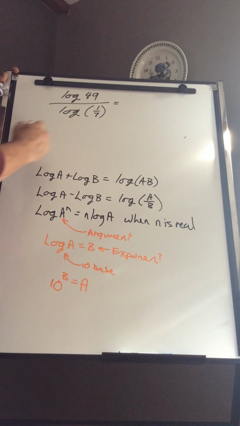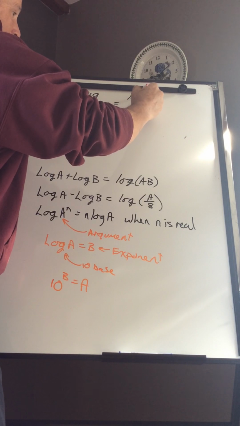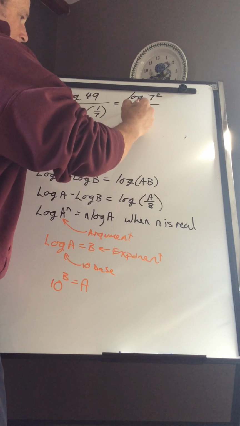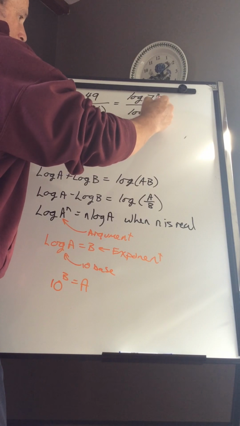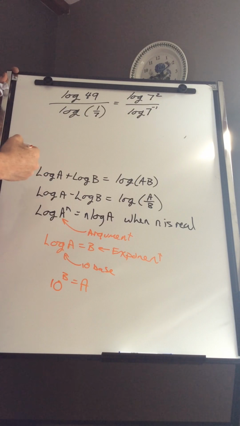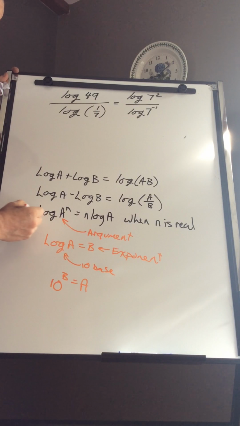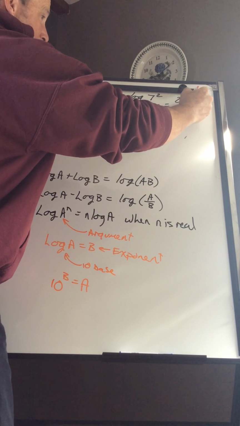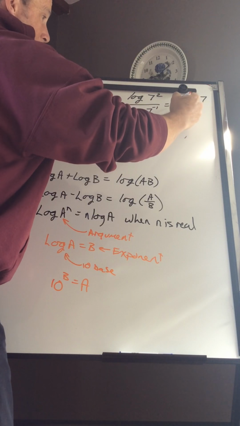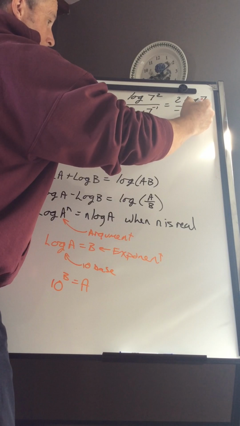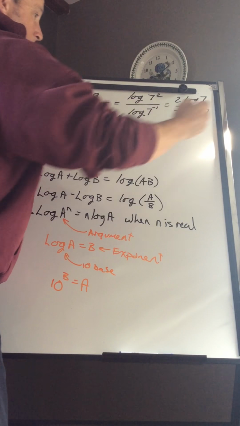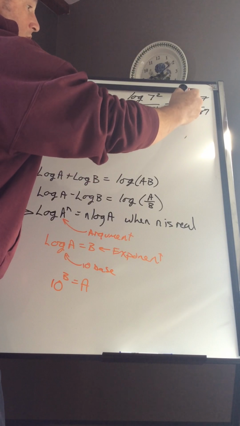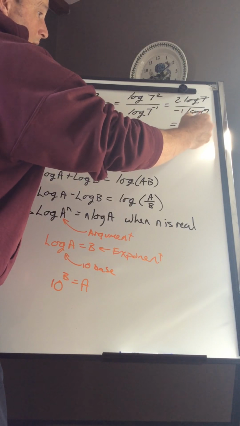I know that 49 is 7 squared, so I'm going to change that to log 7 squared. This is log 7 to the negative 1. Using this third law, I can change this to 2 log 7 over negative 1 log 7. Beauty. Log 7 cancel. 2 divided by negative 1 is negative 2.